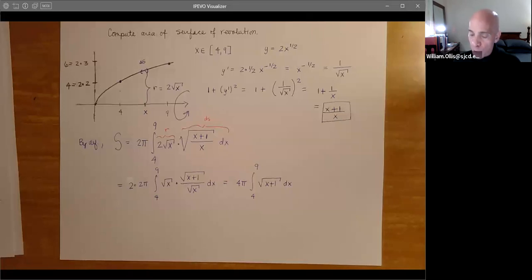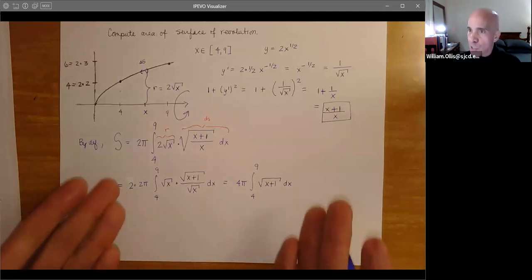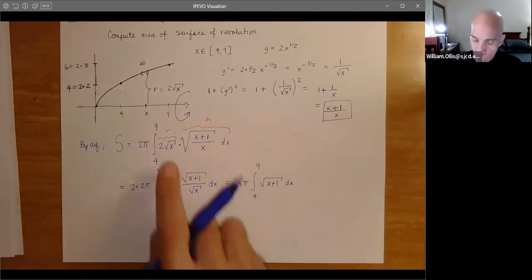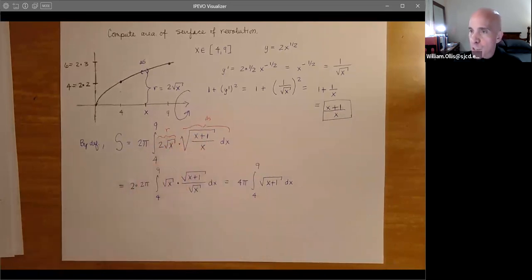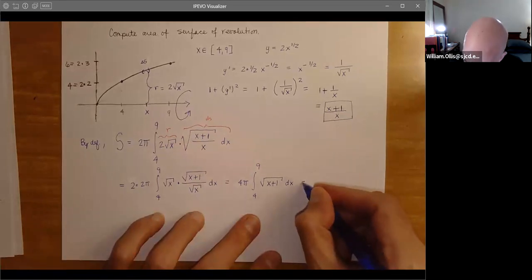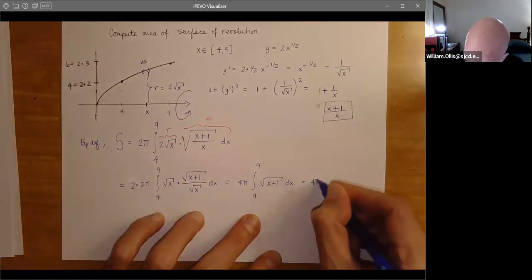I mean, really, this is much simpler. And so in many cases, you'll see that the utilization of the distance to the axis of revolution will simplify things.